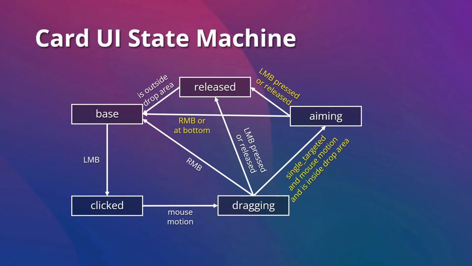From the aiming, to cancel the movement and go back to the base state, we need to press the right mouse button or recognize that the card is under the Y threshold we provided earlier. And from the aiming to go to the release state, we either press the left mouse button again with one form of aiming, or if we use the drag and drop mechanic, then we release the left mouse button.